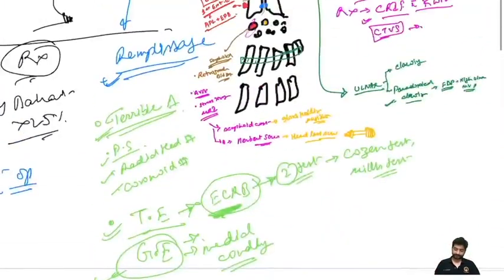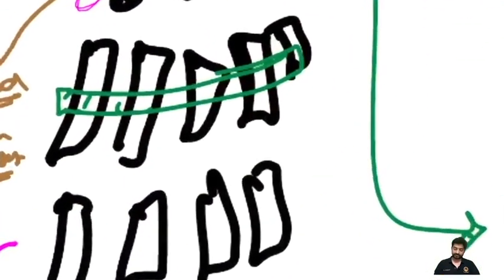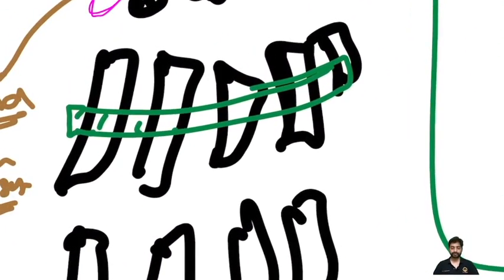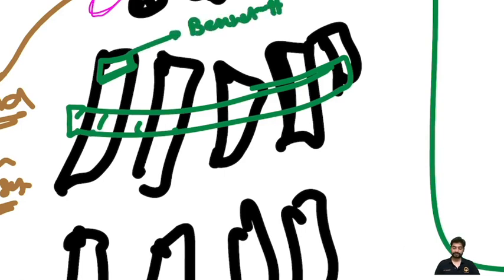If you talk about the metacarpal, there are 3 important points. One is the fracture of the base of the first metacarpal, which is known as Bennett fracture.